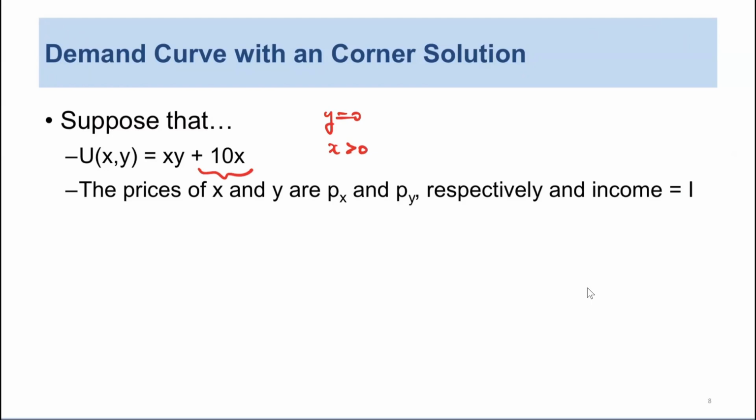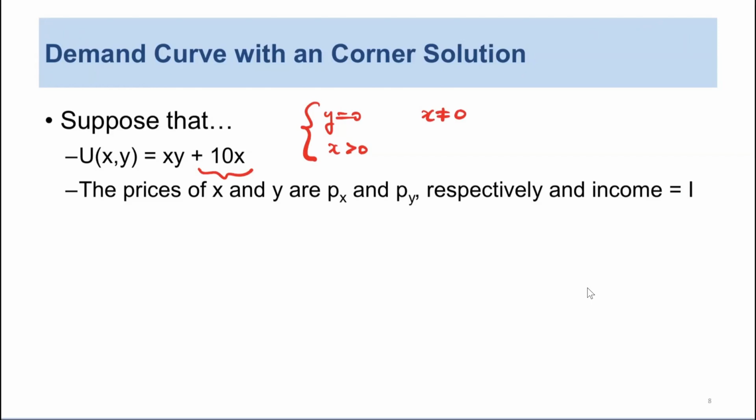So if x equal to 0, utility is going to be 0, therefore it's going to be dominated by some other point. So we know that x equal to 0 is not going to be chosen. But even though x is not equal to 0, y may be 0 even at the optimum. So in this case, a corner solution may arise in terms of this y.